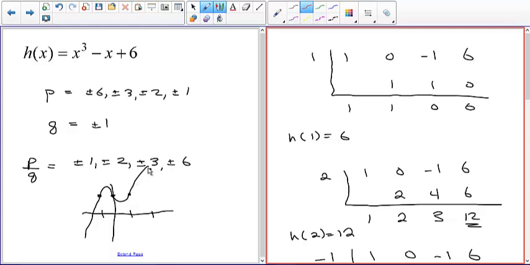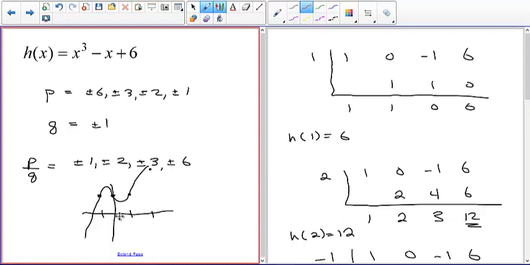So I had the points 2, 12, 1, 6, 0, 6 from the y-intercept, and negative 1, 6. And then I thought, oh, well, how can that actually happen? Well, the only way that could happen is if this thing looped down and looped back up again. And that led me to believe that this would not loop down far enough to go through 0.